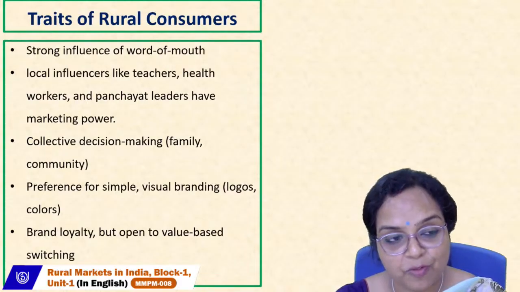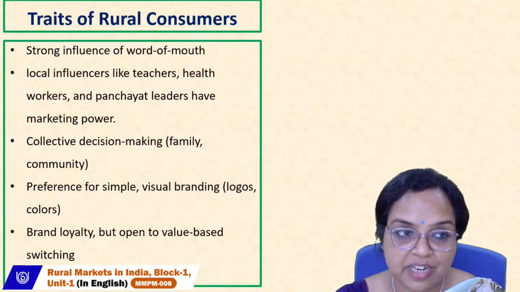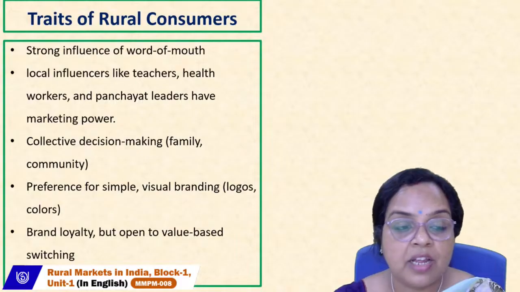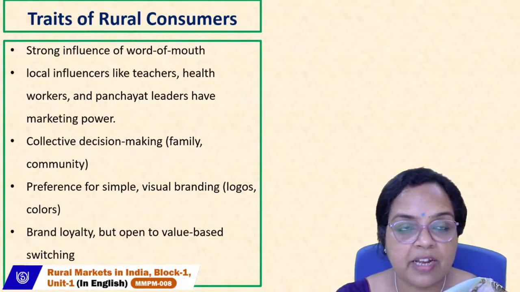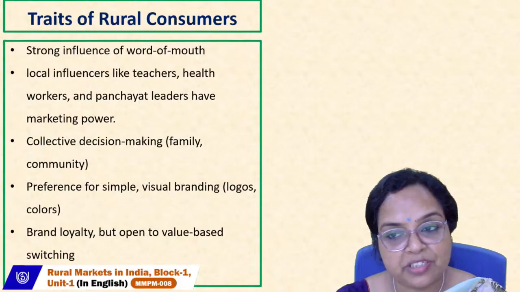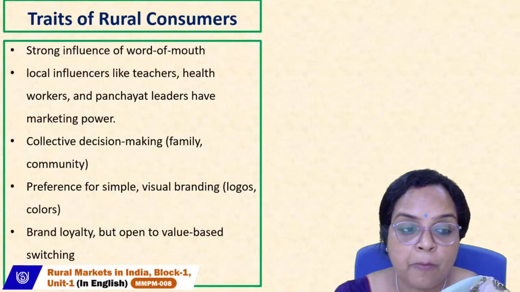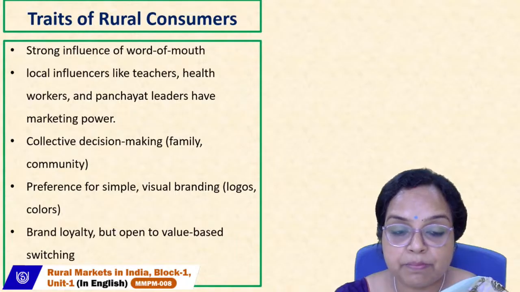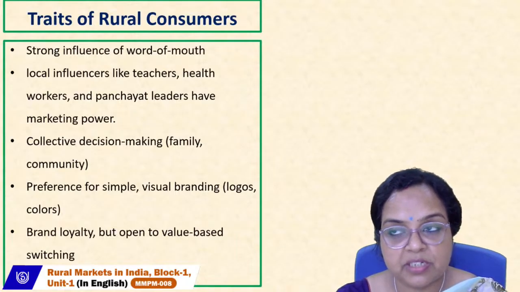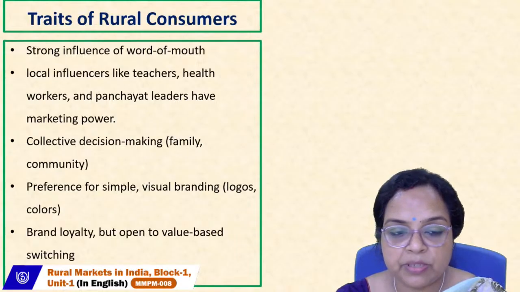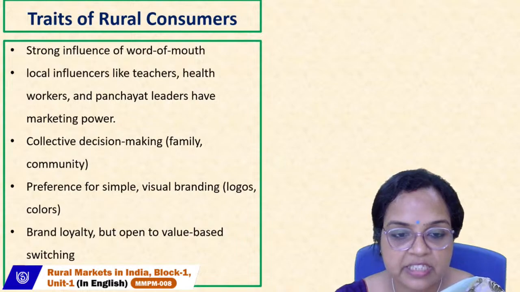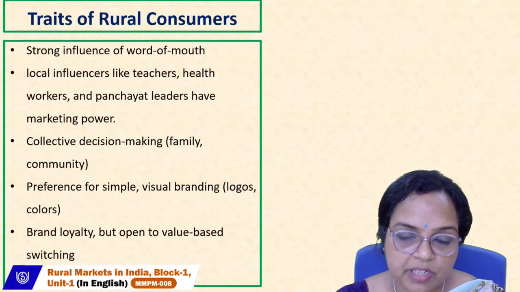They also influence the consumer to buy this kind of product or that kind of product. In collective decision making, while purchasing a product they depend on their family and community for feedback. They prefer small, simple, visual branding because they are not into the technicalities of branding and advertisement. If the logos and colors are user friendly, simple and visually attractive, they follow that.